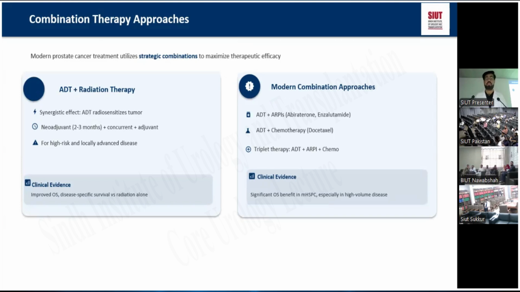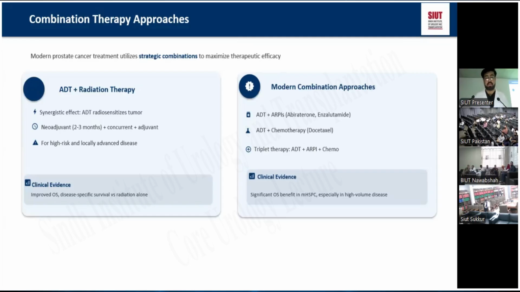So androgen deprivation therapy plus radiation therapy. Androgen deprivation therapy radiosensitizes the tumor, and it gives a synergistic effect. The neoadjuvant therapy is 2 to 3 months. Concurrent is with the radiation therapy, and adjuvant is 2 to 3 years after the radiotherapy. It is used for high risk and locally advanced diseases. It improves the overall survival compared to the radiation alone.